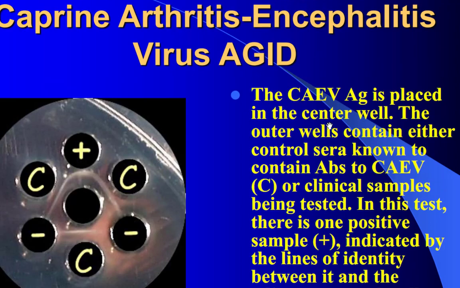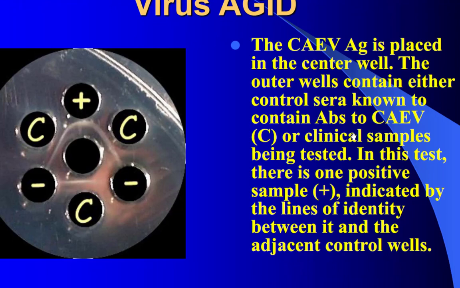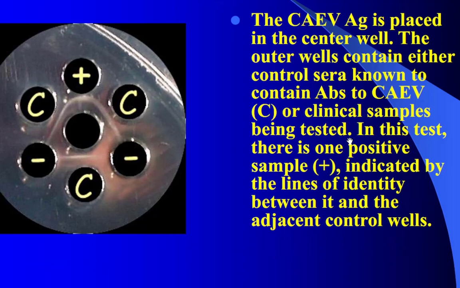Caprine arthritis encephalitis virus antigen is placed in the center, and the outer wells will contain either control serum known to contain antibody to CAEV or the clinical sample being tested. In this test, there is one positive sample, indicated by the line of identity between it and the adjacent control wells.